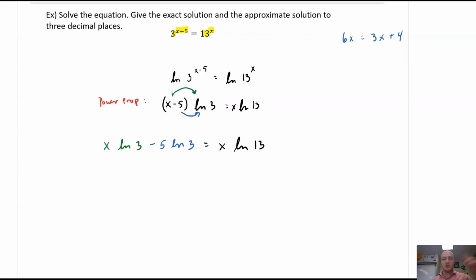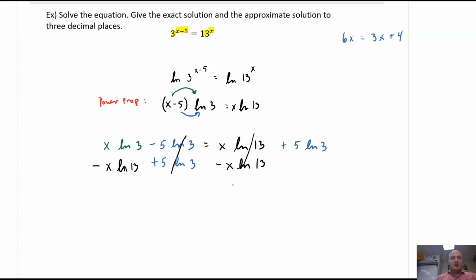So, okay, I'm going to move numbers over to one side, variables over to the other. So I will end up adding 5 natural log of 3 to this side, and I'm going to end up subtracting x natural log of 13 from this side. So minus x natural log of 13.